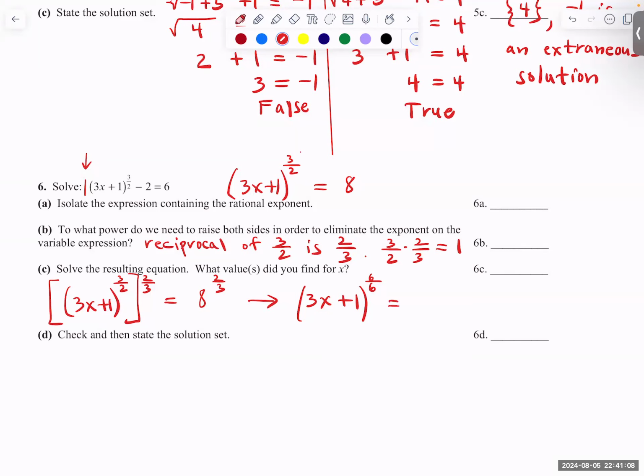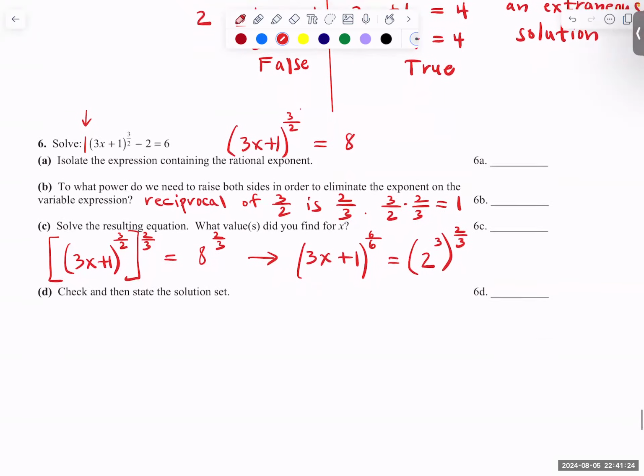Now, 8, we want to prime factor 8 as 2 to the third power, because when you write 8 as 2 to the third and then you raise that to the 2/3, you can multiply those exponents and simplify.